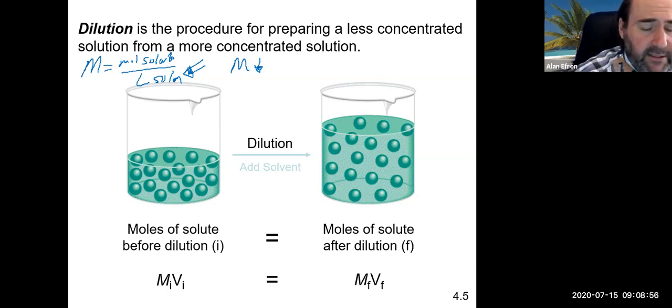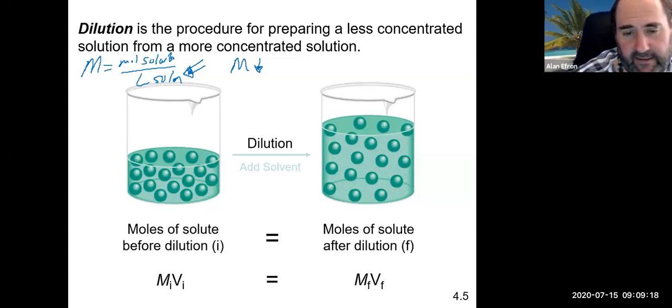And when we do a dilution, the important part is that the moles of the solute before and after remain the same. That doesn't change. For example, if we count the circles here, these are our solute particles. There's 3, 6, 9, 12, 15, 18.